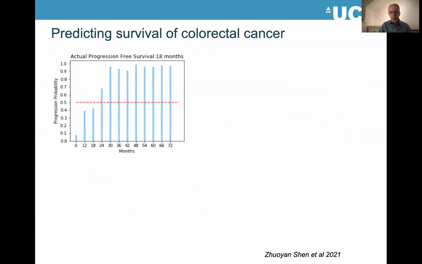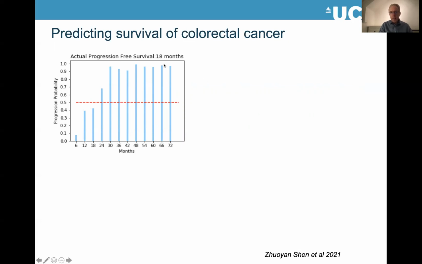What this data is showing as an example of the output is, for patients, we're looking at the dashed red line and where the blue histogram bars cross. And that tells us where we anticipate the progression-free survival point to be for this particular patient.